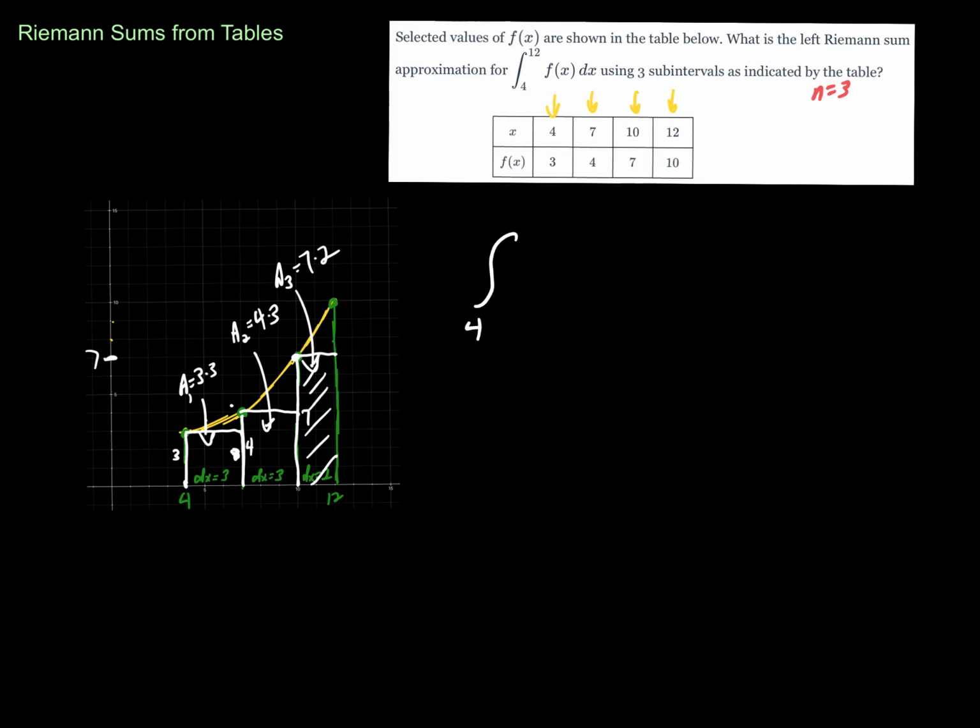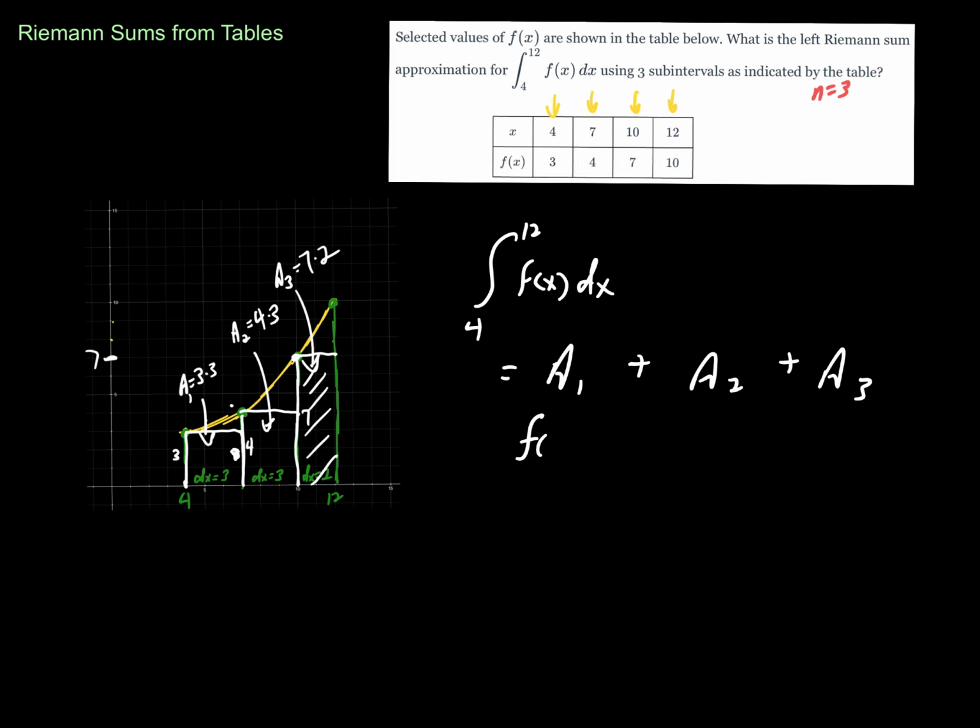I'm looking to answer this question right here, okay? And that equals this. Well, I have 3 subintervals. So I have to add up the area of rectangle 1 plus the area of rectangle 2 plus the area of rectangle 3. And I kind of showed you over here, you're summing up f of x times dx. Actually, let me get more specific.